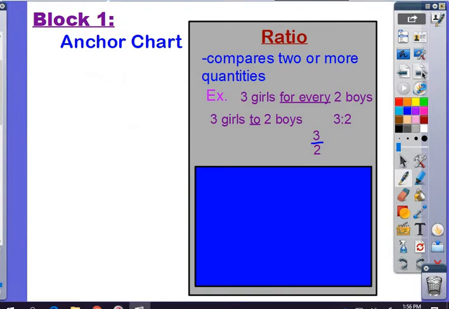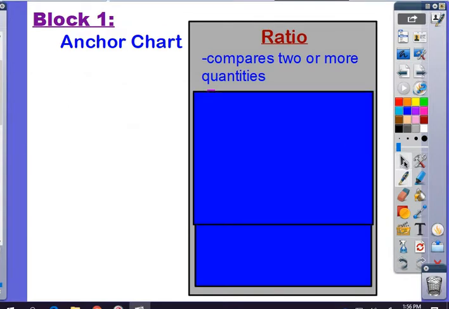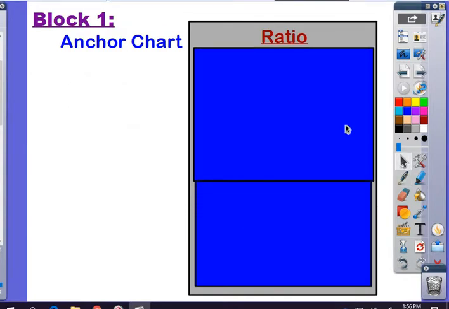Okay, and on that anchor chart, write ratio at the top. We're going to recap what a ratio is. And what was a handy, dandy, easy definition that we can use to recap what a ratio is? What did it do?